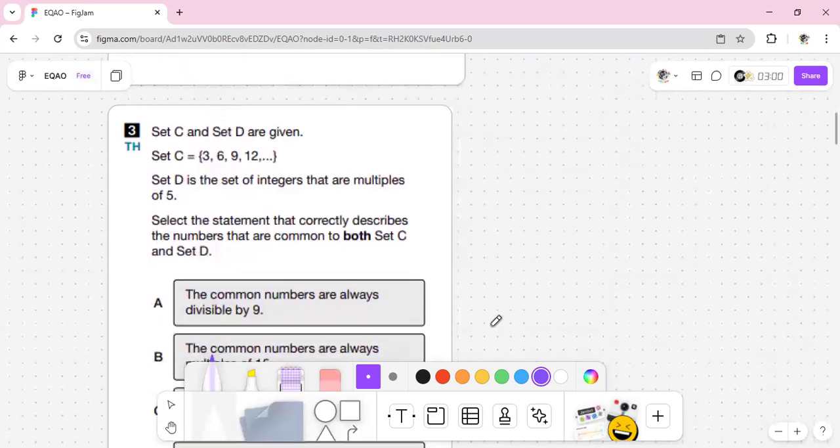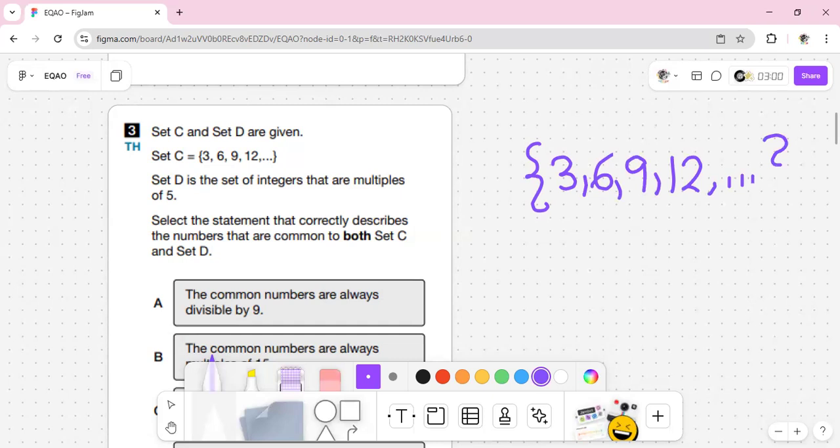For question number 3, we have two sets. The set C, which we are told is the numbers 3, 6, 9, 12, and you can see that these are all multiples of 3. And set D is a set of multiples of 5: 5, 10, 15, 20, and we can keep going from that.